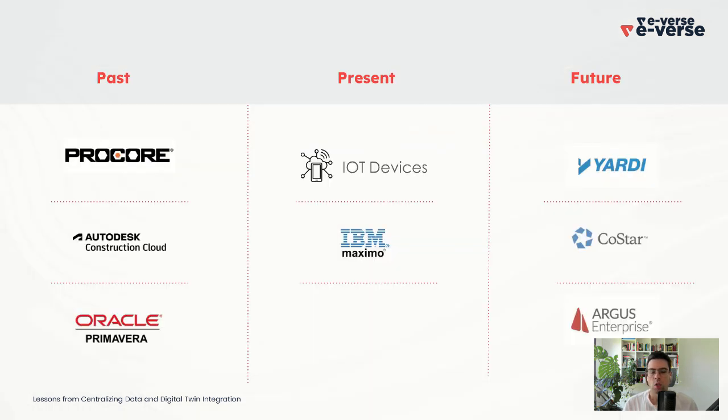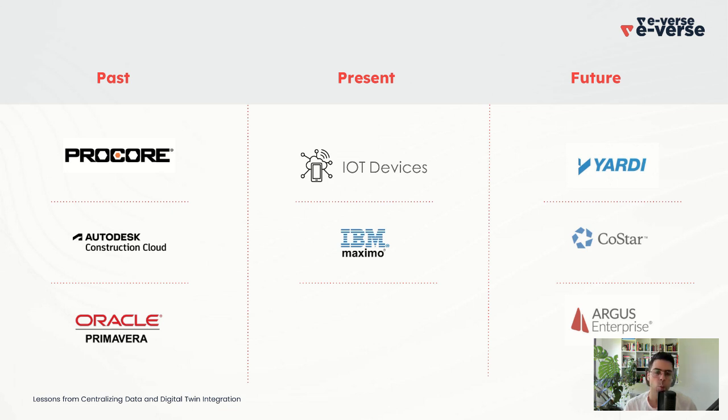So we also divided on the software that they were already using. They were using Procore, Autodesk Construction Cloud, and Primavera. This was for past projects, I mean, projects that have already happened, because they're already built. That's why you use these tools.